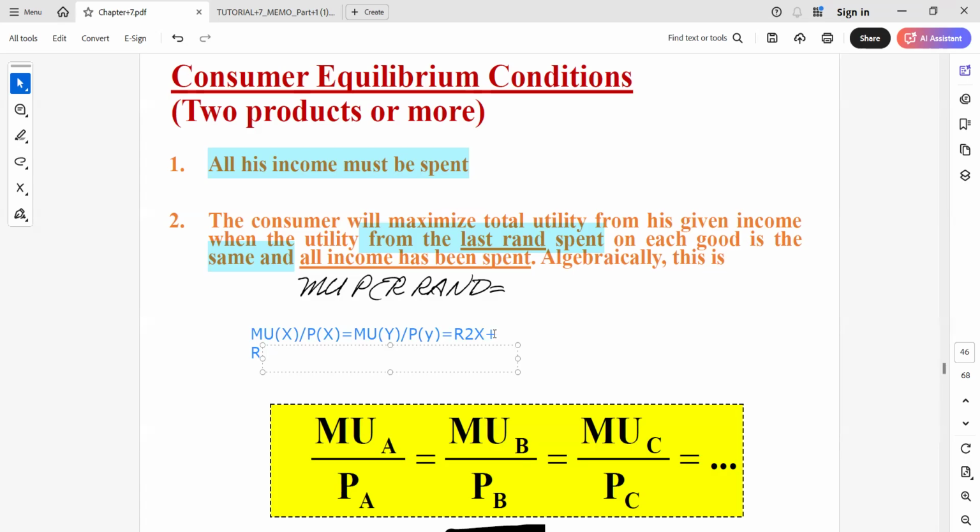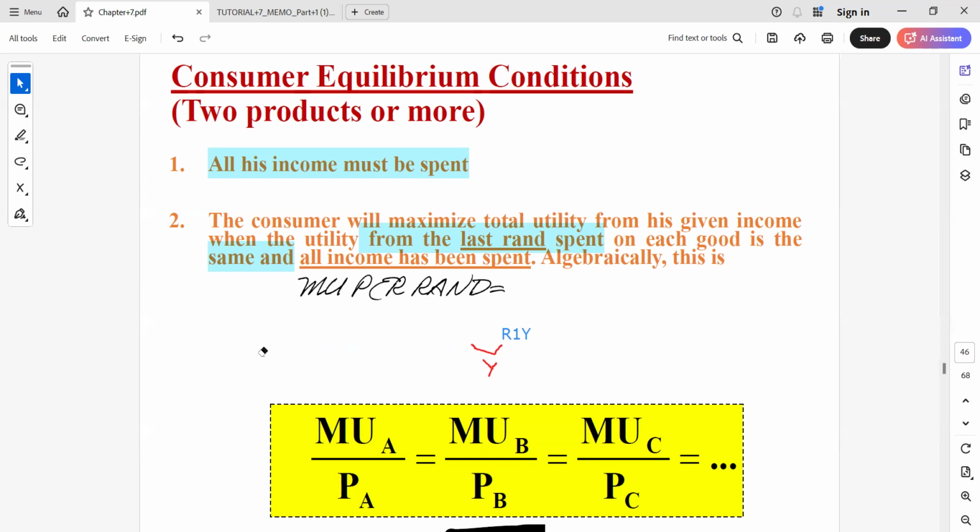Let me just continue from here. Must be equal to R. Let me say it was 1 rand, so I'm going to say RY. And then this, when you add it, must be equal to your income. I'm going to write Y. You know why income is denoted by Y in economics.